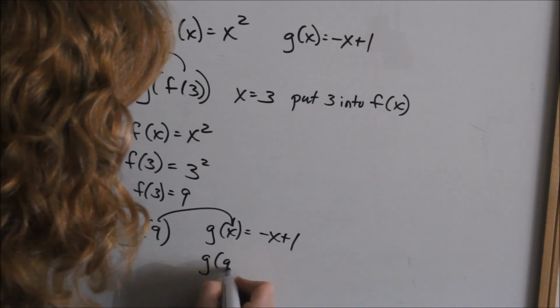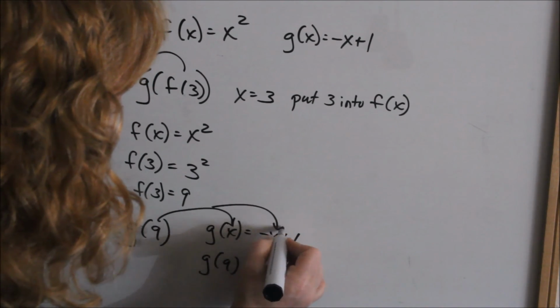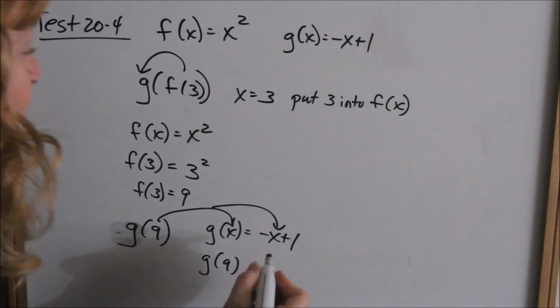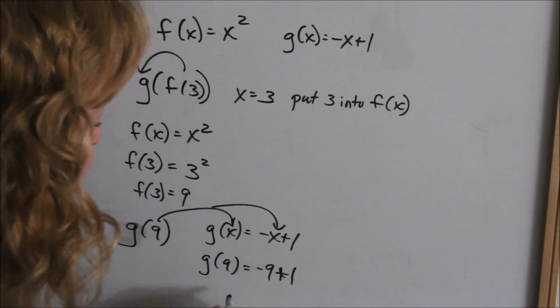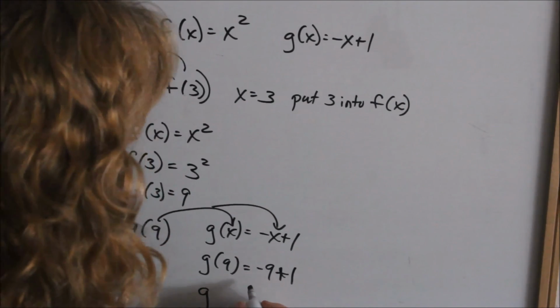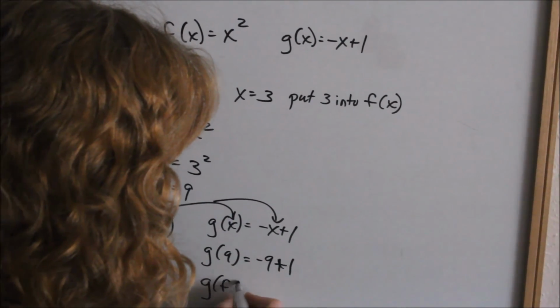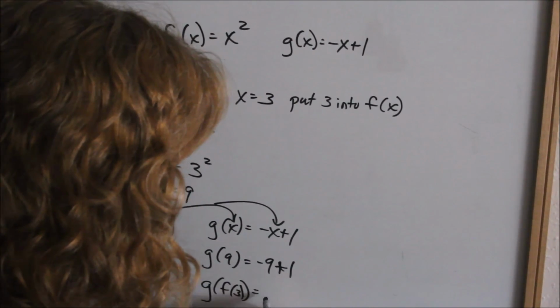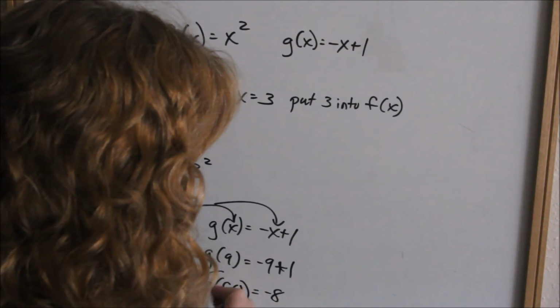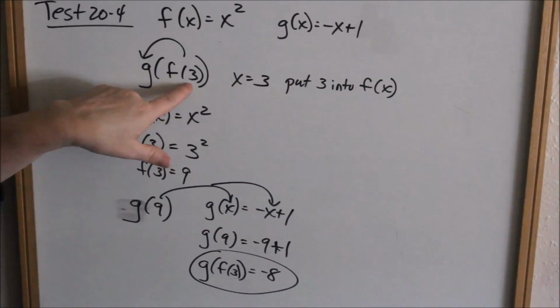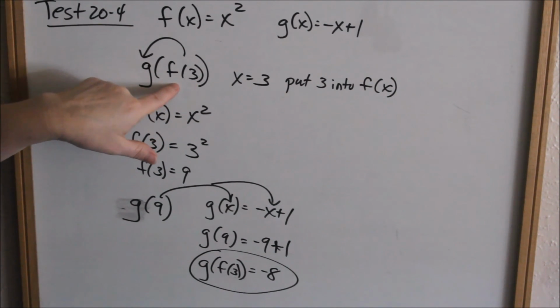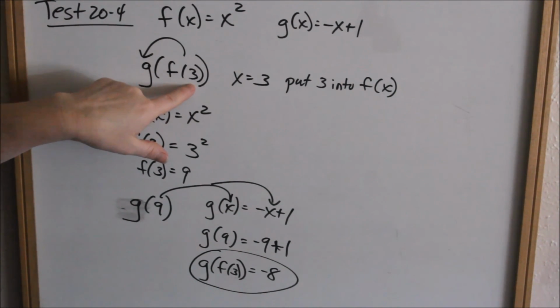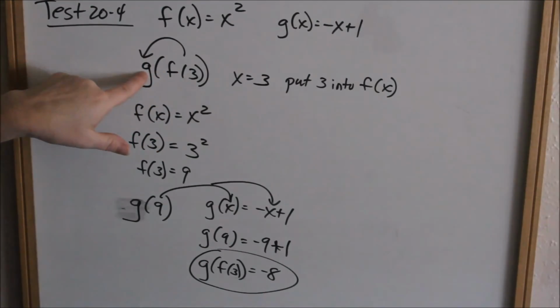If you put it in for x right there, you also have to put it in for x right there. Everywhere you see an x, you're substituting in 9. So negative 9 plus 1 turns out that g of f of 3, which was the original problem, was equal to negative 8. Basically, we're taking 3 and substituting in for x in the f function. Then we take that answer and substitute it in for x in the g function.